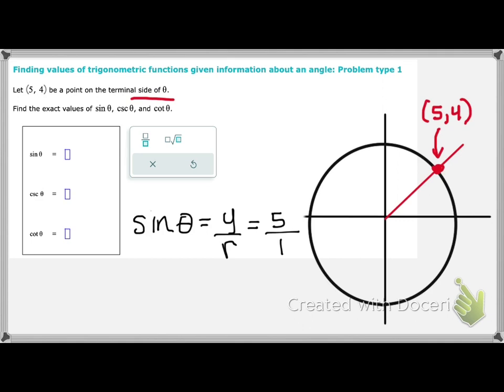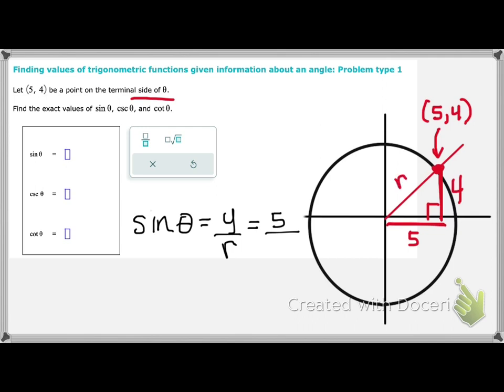So what is r? Let's look at our picture. This side is the length of x, which is 5. This side is the length of y, which is 4. And you can see the way I've drawn it that there's a right angle. So how about the Pythagorean theorem to find out what r is?